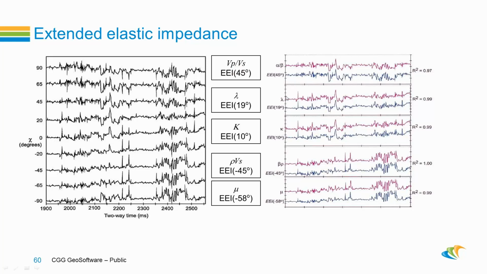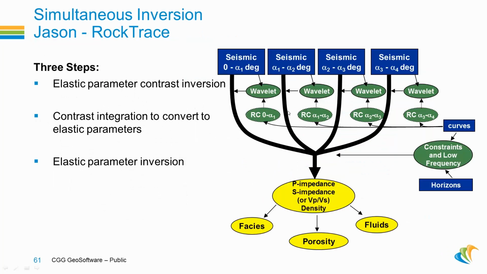Then I need to scale it to a proper VP/VS value. Extended elastic impedance is a good tool. It uses quick AVO modeling. It can be used for qualitative measurements and interpretations.